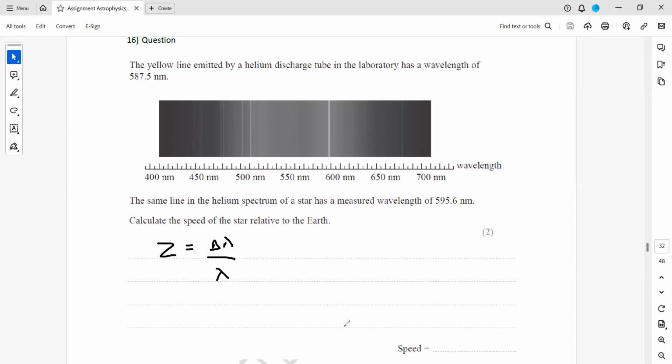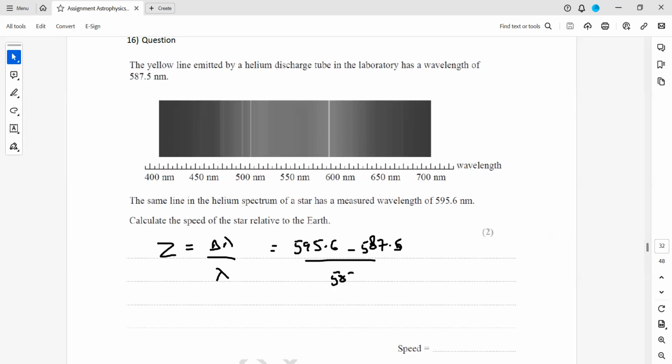When we calculate a change or a difference, it will be 595.6 minus 587.5, divided by the original wavelength, which means the wavelength emitted, recorded in the lab. That is, from a stationary source, the wavelength we may record is the original wavelength.